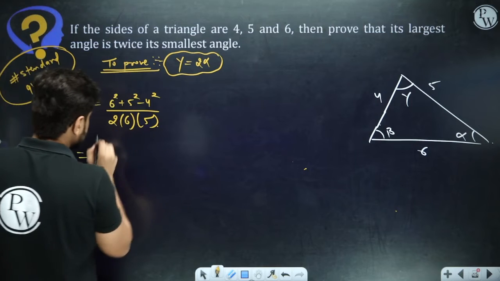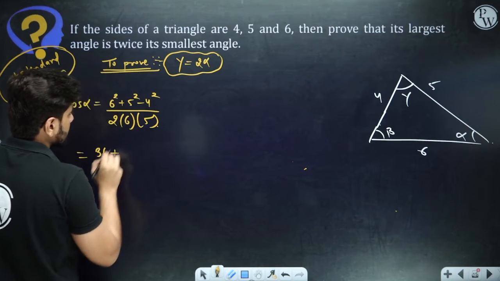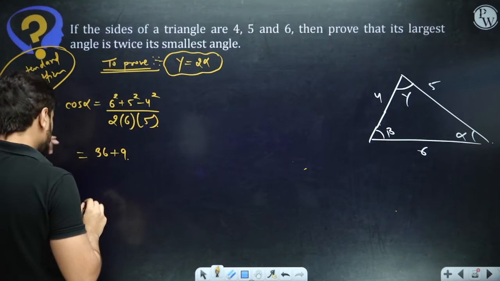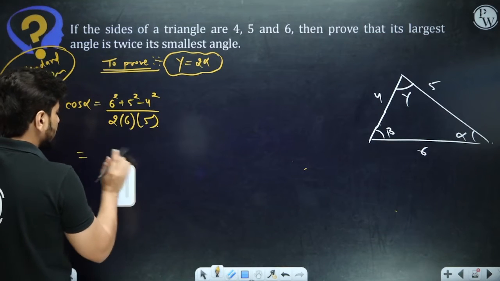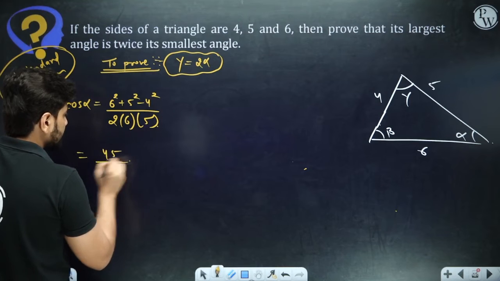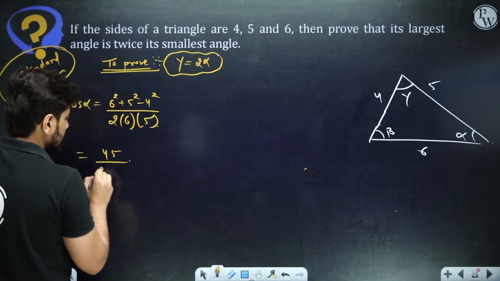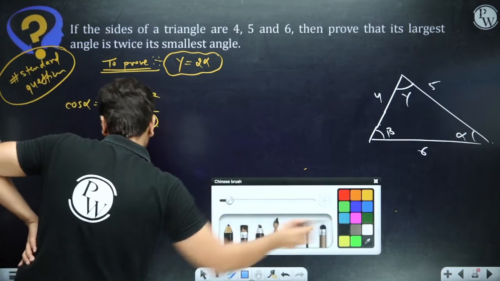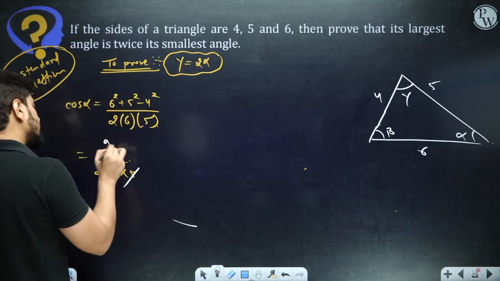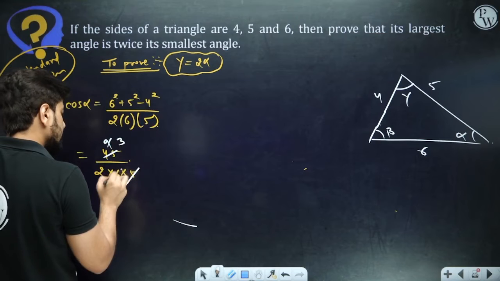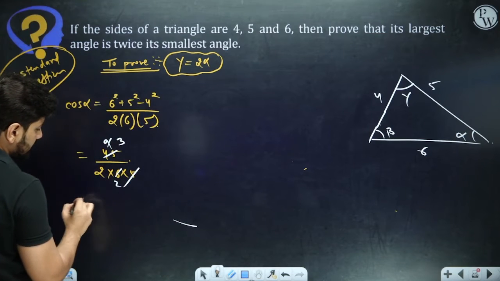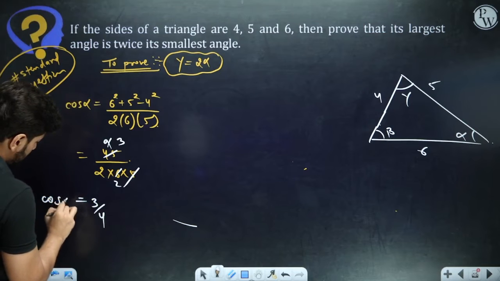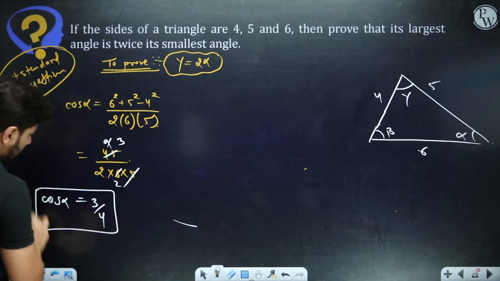We have 36, and 5 square minus 4 square is 9. So 36 plus 9 is 45 in the numerator. In the denominator we have 2 into 6 into 5. 5 9s are 45, 3 3s are 9, 3 2s are 6. So we have 3 by 4. So cos alpha came out to be 3 by 4.